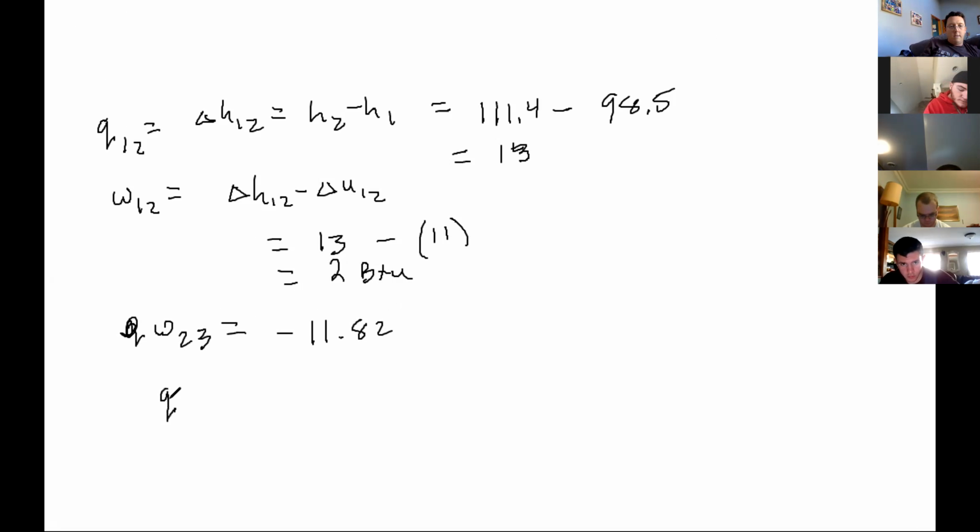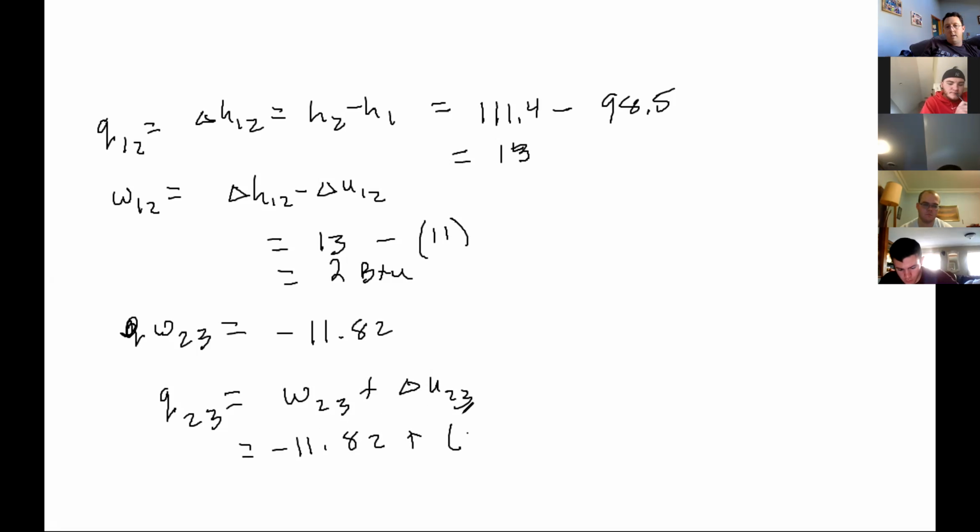And then the heat from 2 to 3 is going to be the work from 2 to 3 plus delta U from 2 to 3. So that's going to be negative 11.82 plus U3 minus U2.